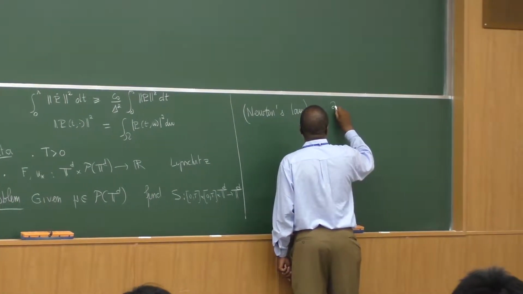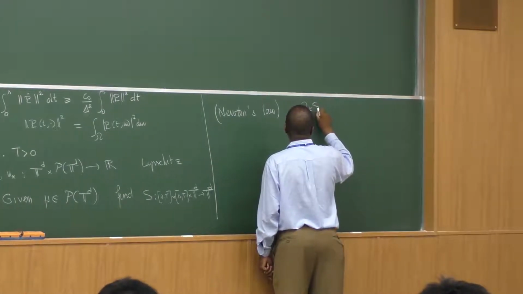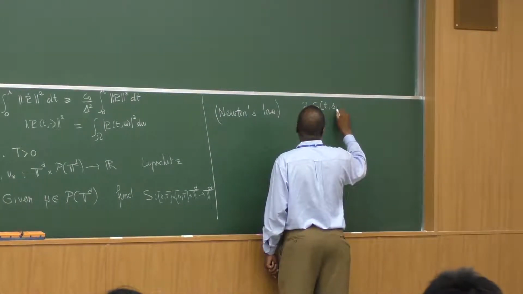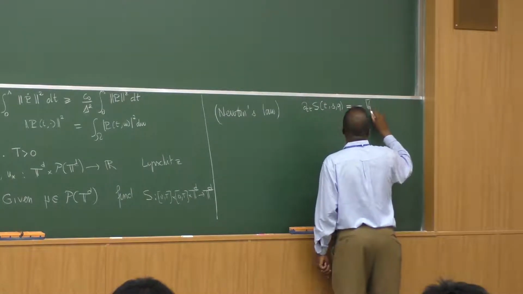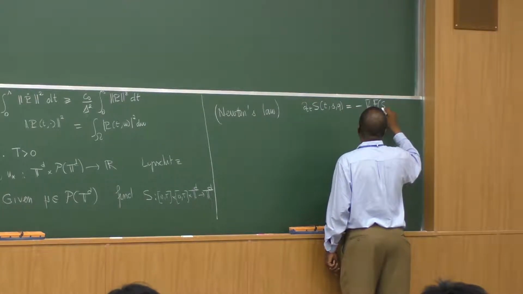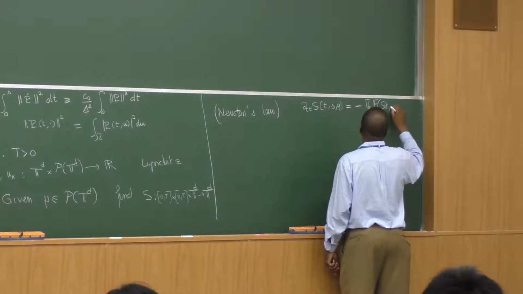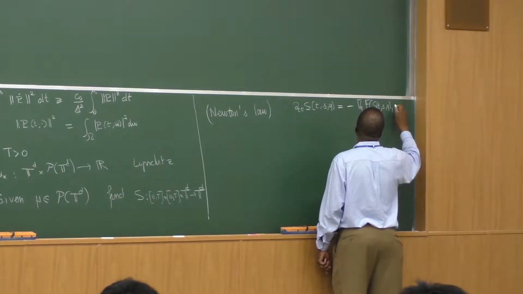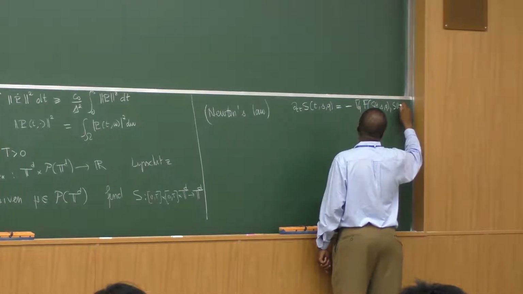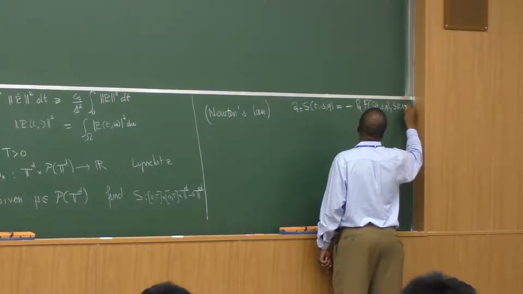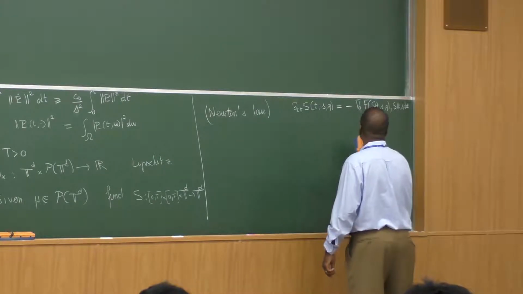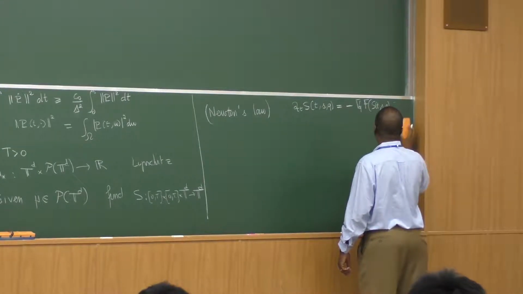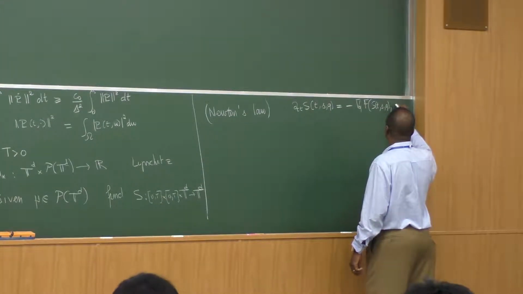The second derivative with respect to time of S of t, s, q equals negative the gradient with respect to q of f of S of t, s, q, and the push forward of mu by S at time t, which I call sigma t.